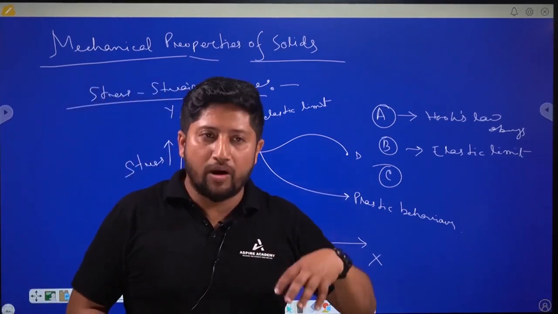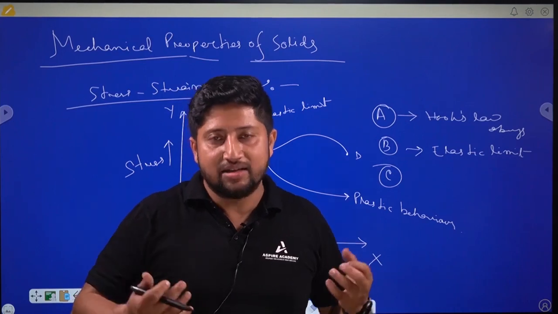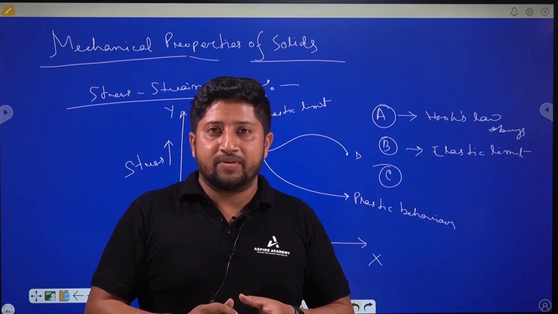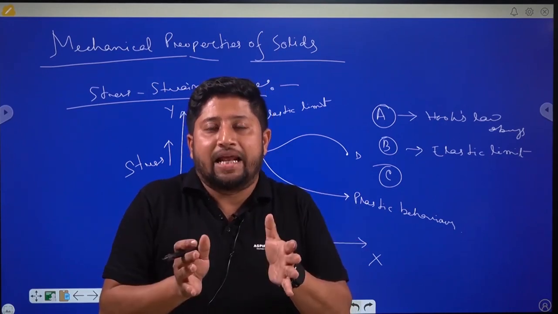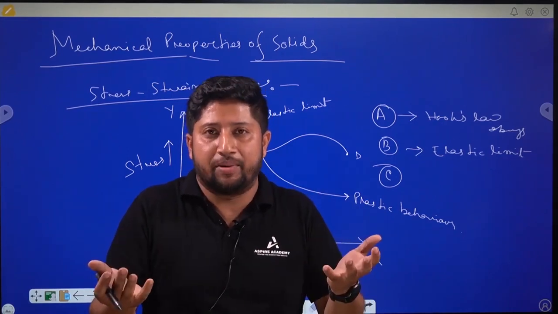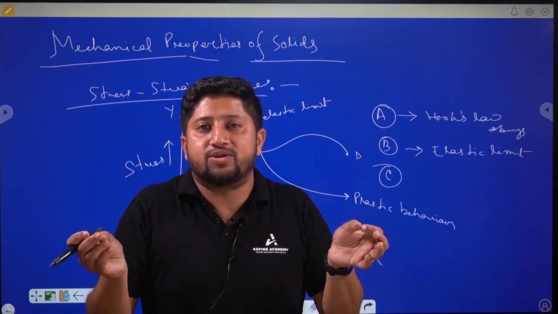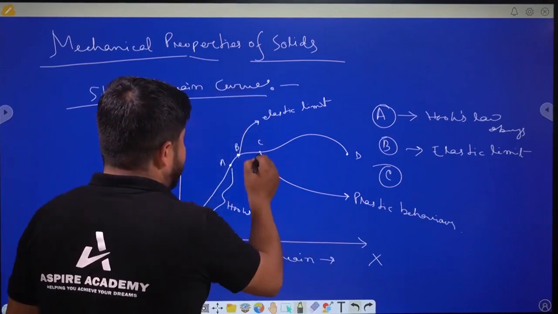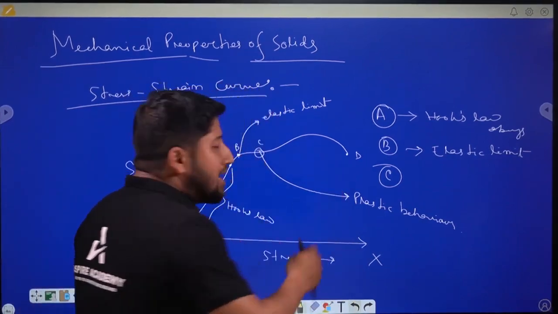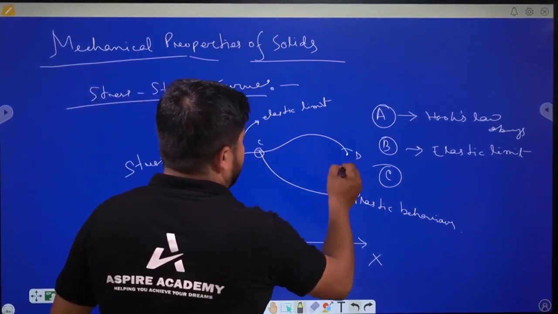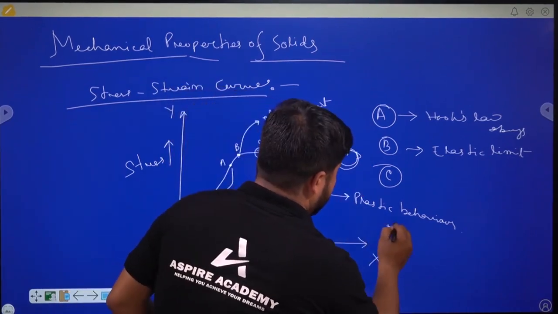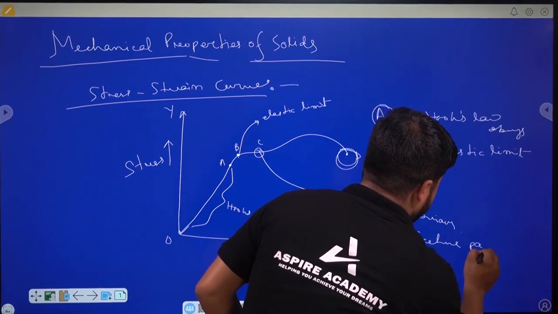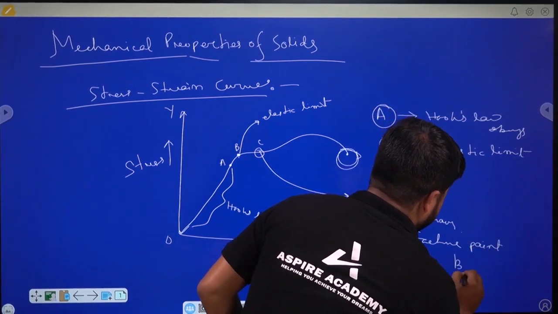We discussed in the last class what plastic behavior is: if we apply a deforming force to an object, its body is deformed, and after removal of the deforming force it cannot regain its original shape and size. After increasing the stress further, we reach the fracture point, or break point.